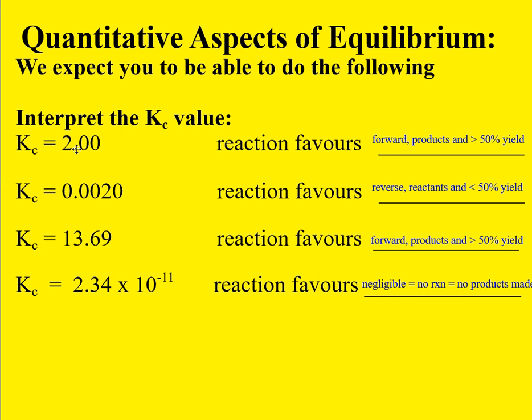Having a Kc value of 2 means that the reaction favors the forward, or makes more products, and that the percent reaction gives you more than 50% yield. And if you have a 0.0020, the reaction favors the reverse, favors the reactants. Okay? Less than 50% products are made, so there's more reactants left, and so on and so forth.